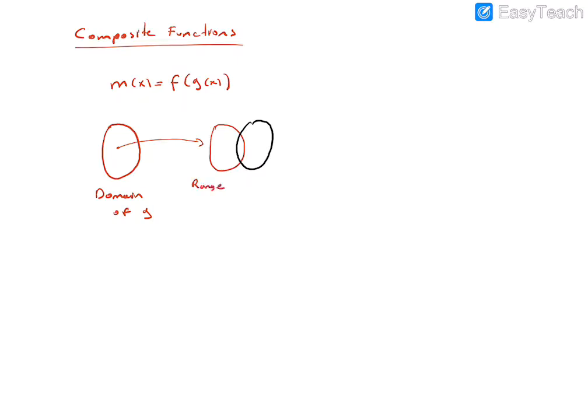I will write range of f. This is domain of g. So any point in the domain of g can be shown here. This is g of x. But we will focus on some point whose image under the mapping is in the intersection of the range of f and the domain of g.